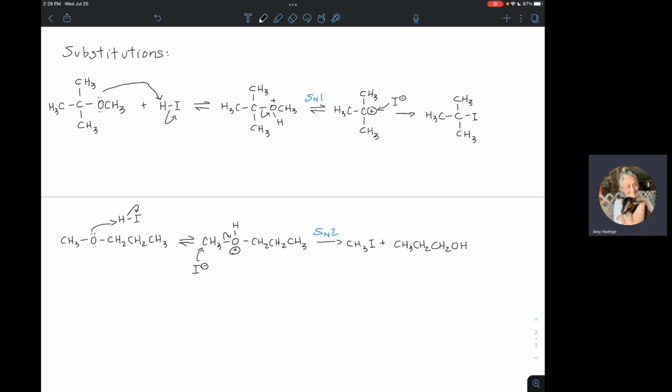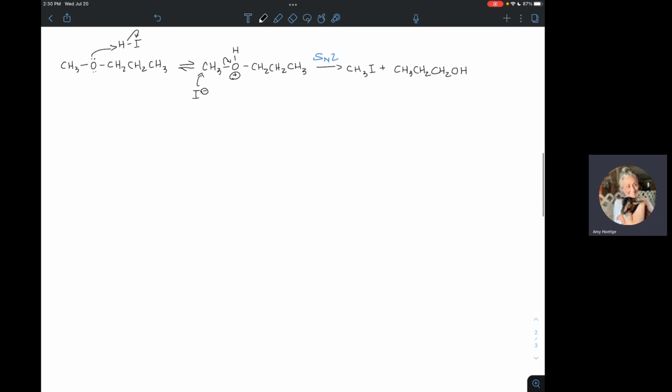One thing we do take advantage of, though, is that because they're so stable, they're not very reactive, and the oxygen has a lone pair of electrons that we can use to solvate other organic compounds. They make really good solvents. So ethers are often used as solvents.